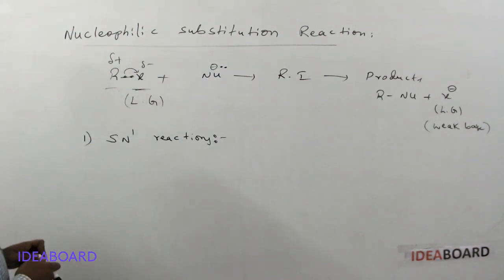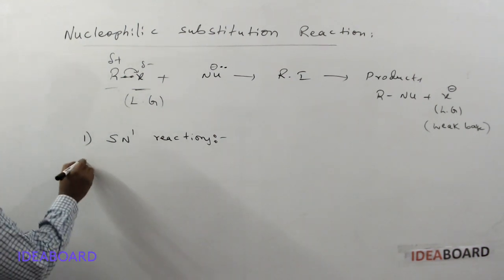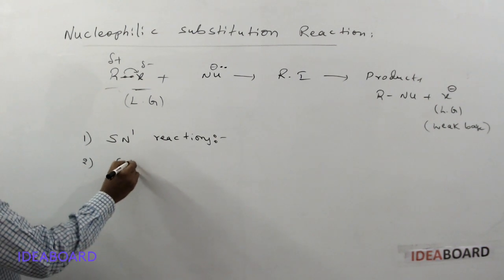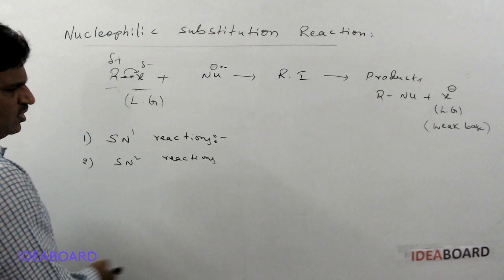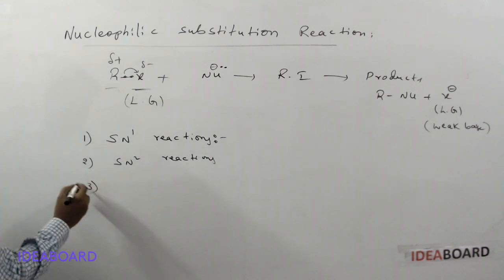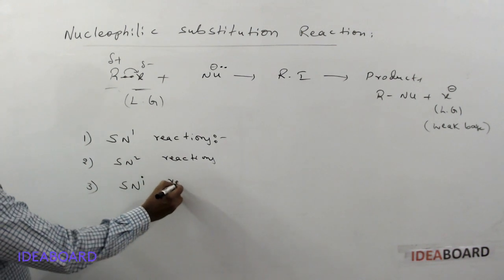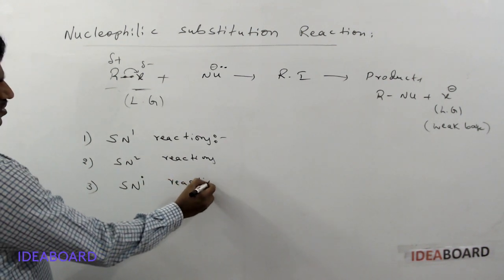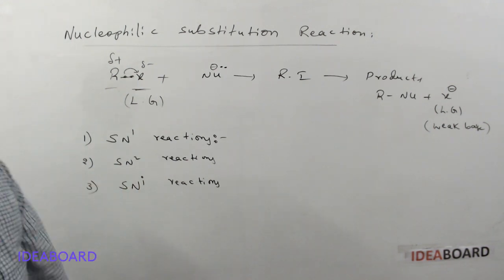In these, the first type is called SN1 reaction and the second type is called SN2 reaction. These are the two main types, and the third type we also study is called SNi reaction.